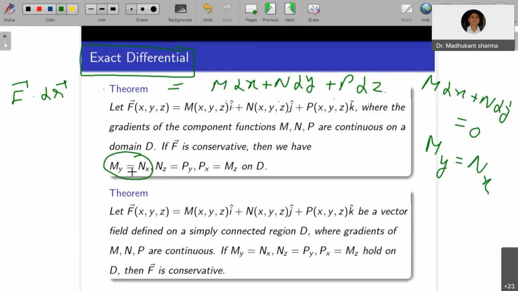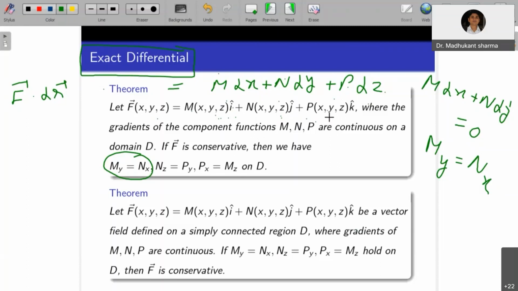Now what this theorem says is, let F be a vector field. If M, N and P are functions of x, y, z, possibly functions of all 3 variables, they are scalar valued functions, so you can always find the gradient fields.